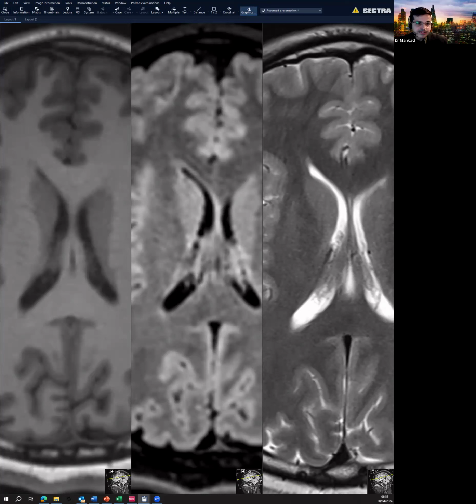And the multiplicity of these signals that are emitted creates the image. Now we can have different tissue weightings, T1, FLAIR, T2, just by changing the radio frequency pulse, its angle, its duration, or its repetition.